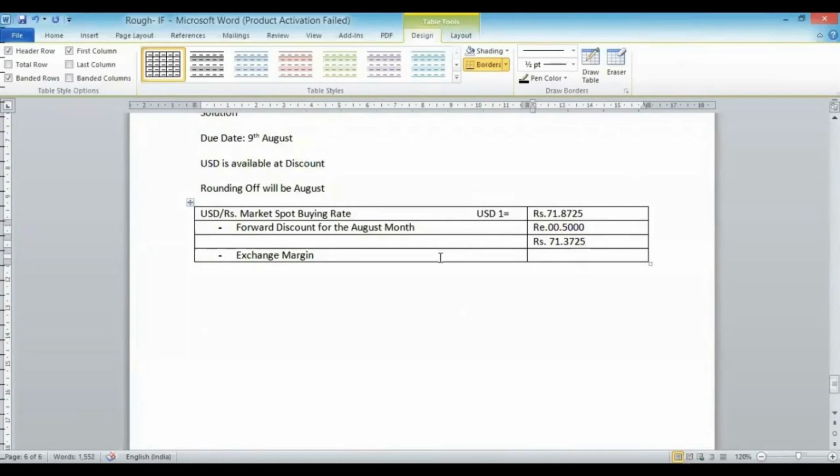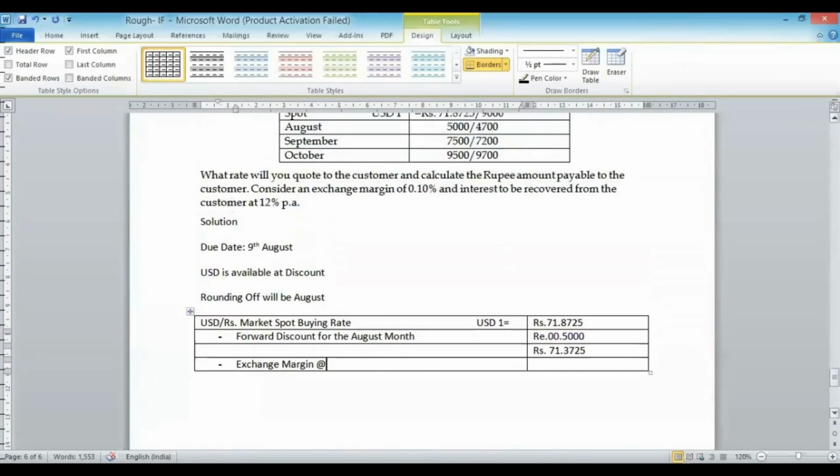Right. Exchange margin, which is given at the rate of how much? Problem says 0.10%. So we calculate, it will be rupee 0.0713.